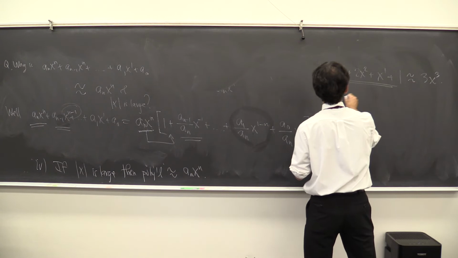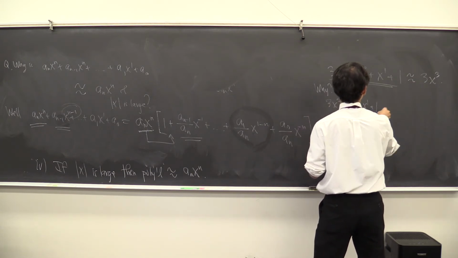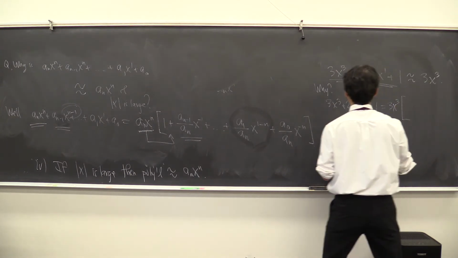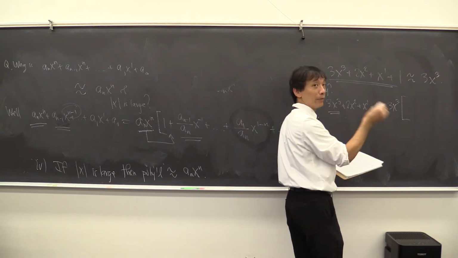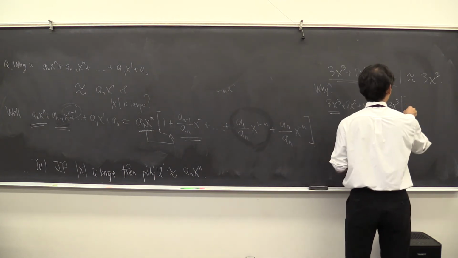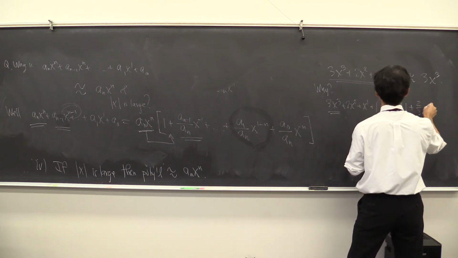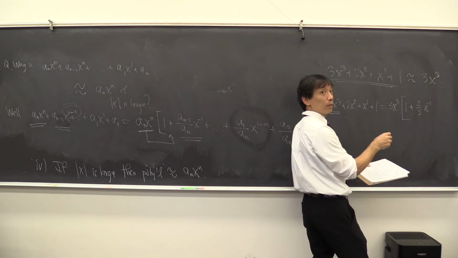Well, let's rewrite this thing. 3x cubed plus 2x squared plus x to the 1 plus 1 is the same thing as 3x cubed times... And now I'm going to factor out this 3x cubed out of everything here, right? It'd be 1 plus 2/3 x to the minus 1, right?